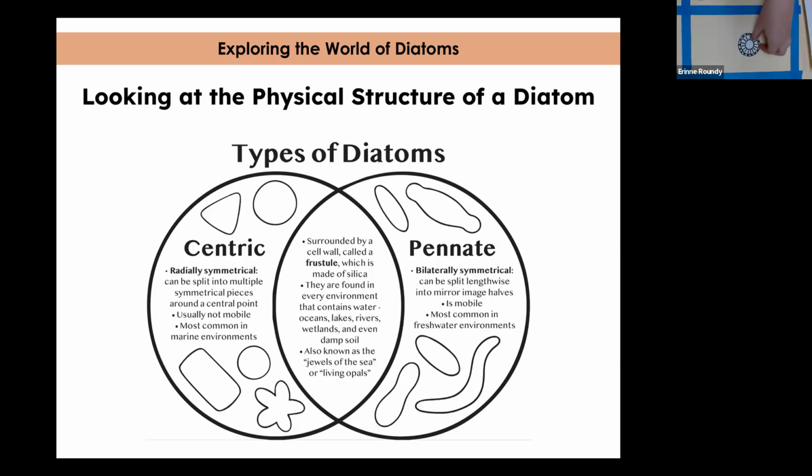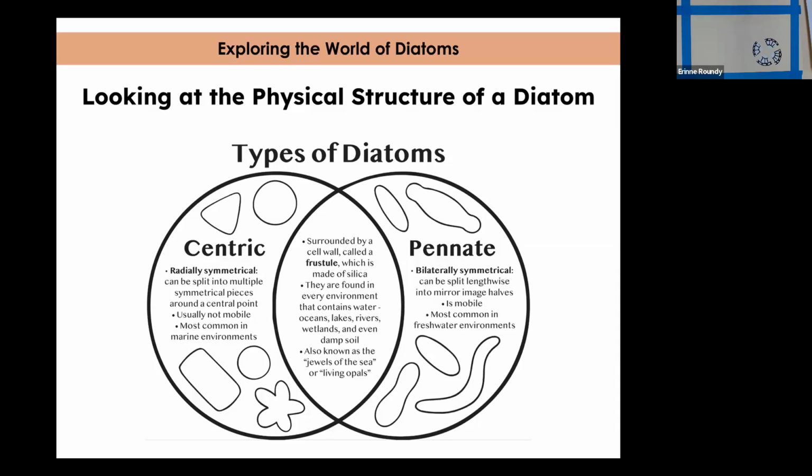So here we have one of our centric diatoms, and I can cut it up into little pizza shapes, and they're all going to be symmetrical around that central point. And these ones are usually not mobile. They do move with their environment, and they are more common in marine environments.